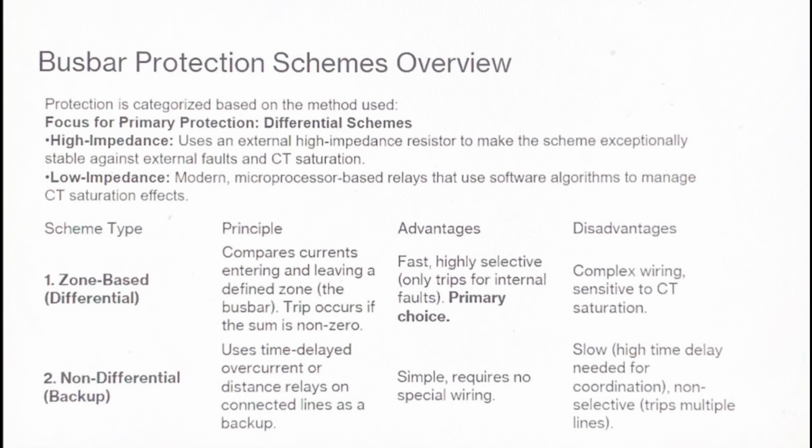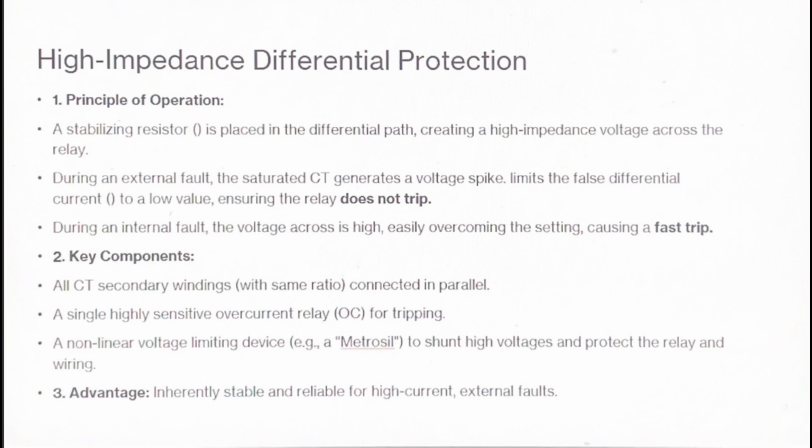Our backup is usually non-differential, using time delay overcurrent or distance relays on the feeders. It's simple but it's slow and non-selective, meaning it trips more lines than necessary. Moving forward, we will focus solely on the primary solutions, differential schemes, which come in two flavors, high impedance and low impedance.